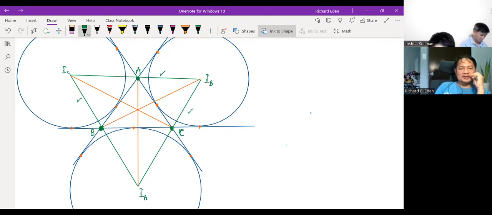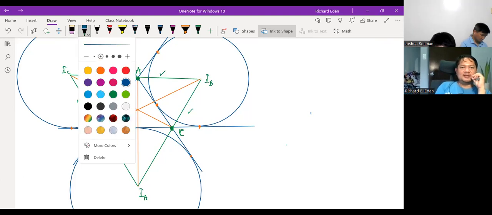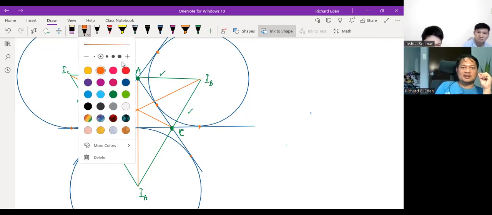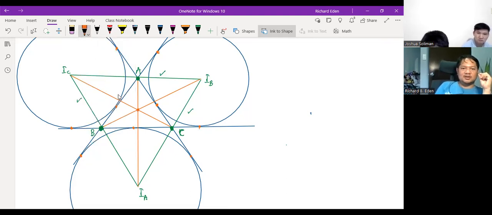If you look at the triangle formed by the excenters, IA, IB, IC, the orange segments are the internal bisectors. The internal bisectors are concurrent, because the point of concurrency of the internal angle bisectors is the incenter.